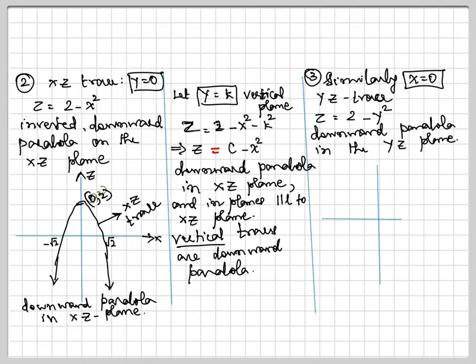If we give a rough sketch of it on the yz plane, we get a downward parabola which crosses the y-axis at square root of 2 and negative square root of 2.